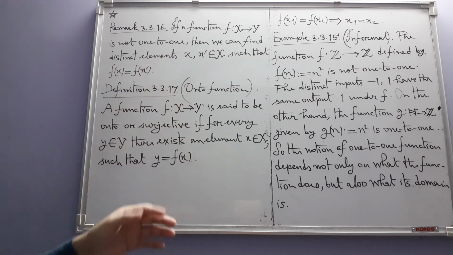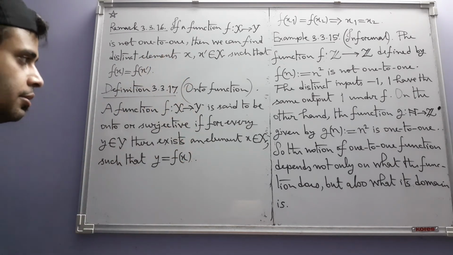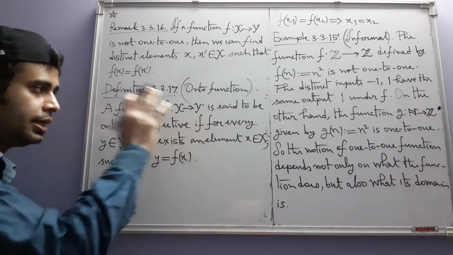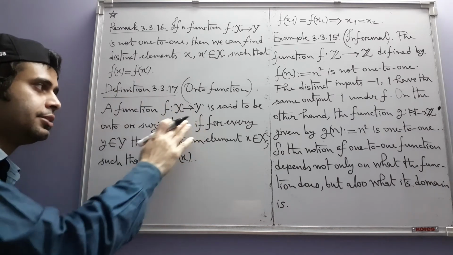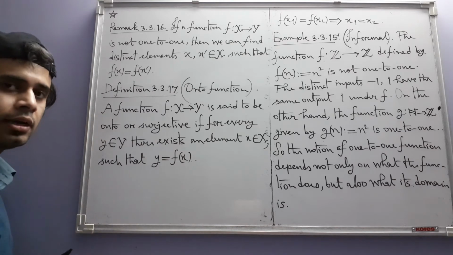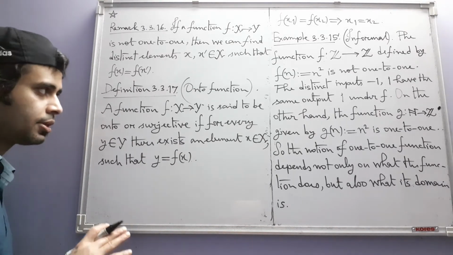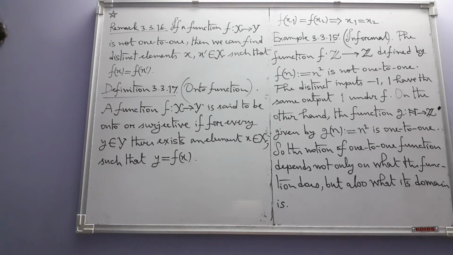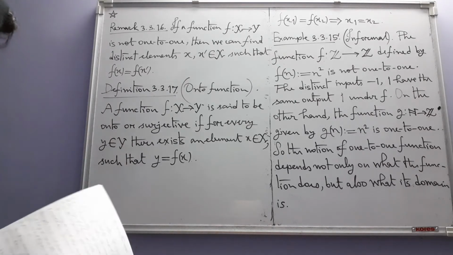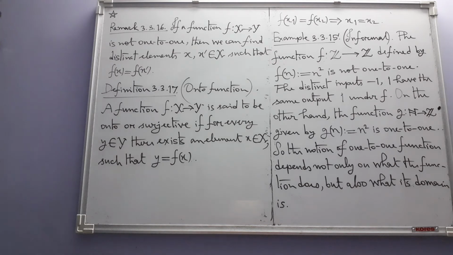That means the outputs of f fill out Y entirely. There is no element y in Y that is not the output of anything in X. If that happens, then the function is not onto. Otherwise, the function is onto. So there must be some example for this also.